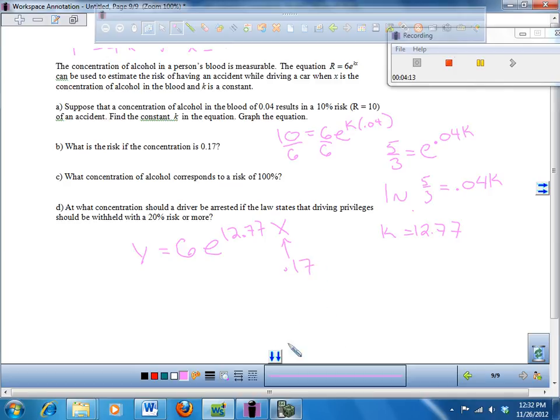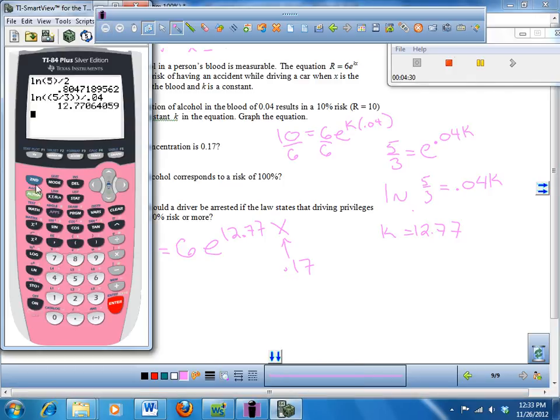You could just put your equation into your calculator: y equals 6 e to the, and then in parentheses, your 12.77x, close parentheses.